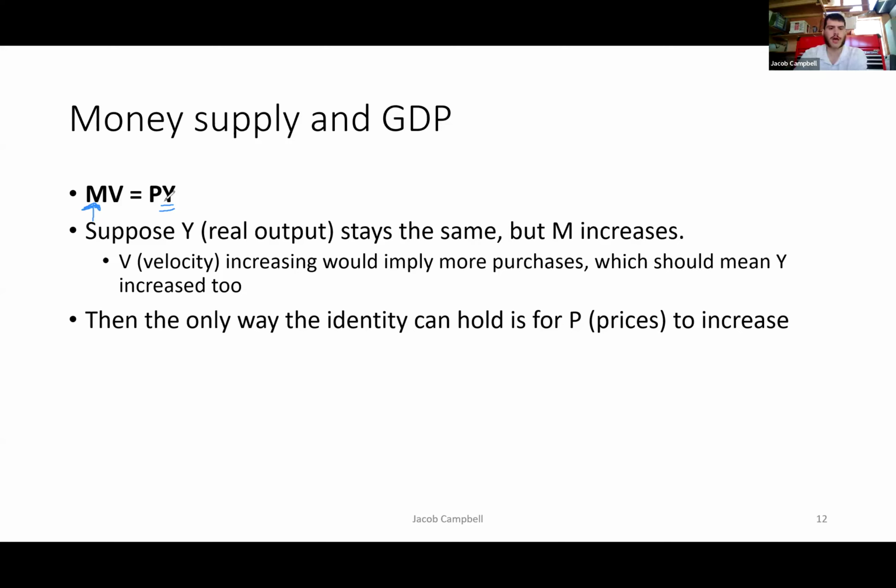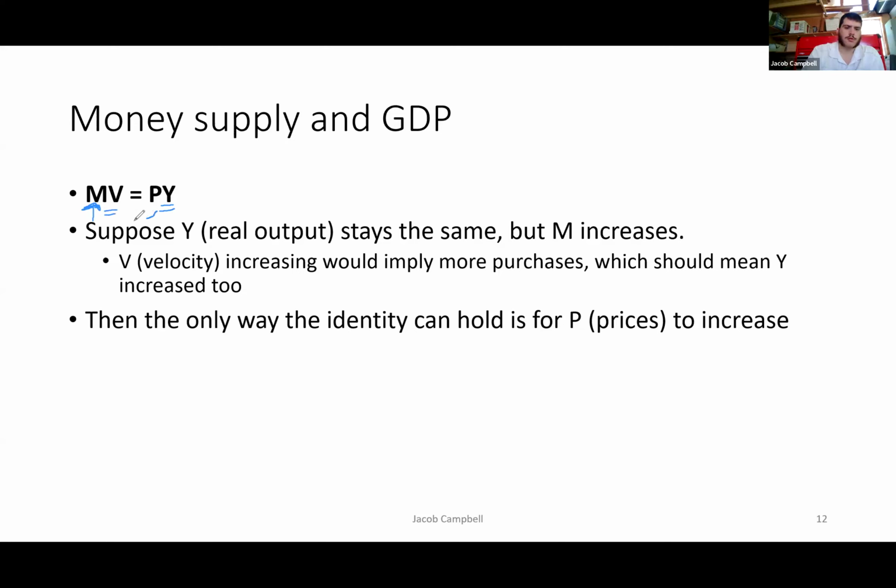Now, if Y is staying constant, that implies loosely that V is also probably staying constant. If you don't have extra sales being made, if you don't have extra commerce, there's no reason that dollars would be changing hands more often.